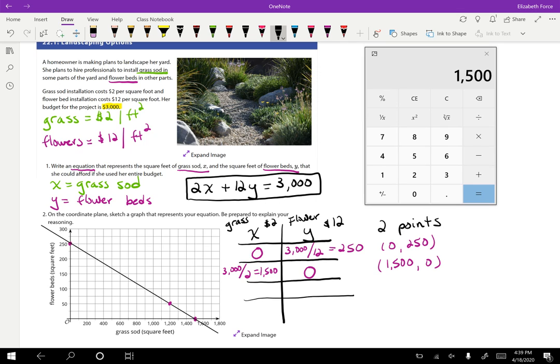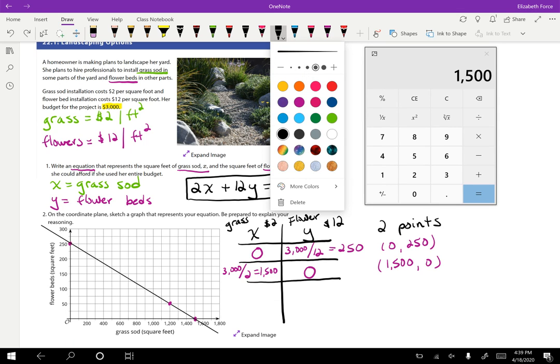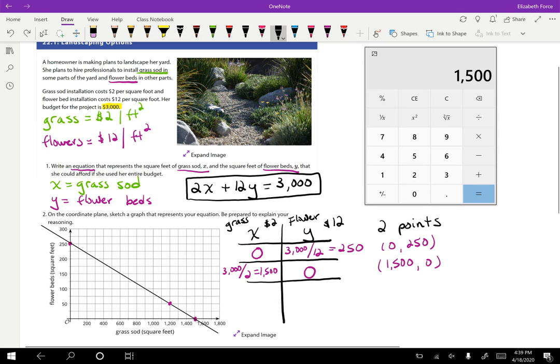So if I have 1,200 square feet at $2, that's going to be, well, I'll just show you, but it should be 24, right? That's going to cost me $2,400.